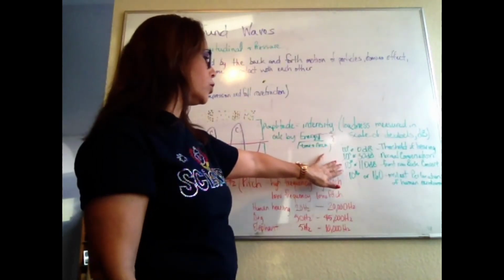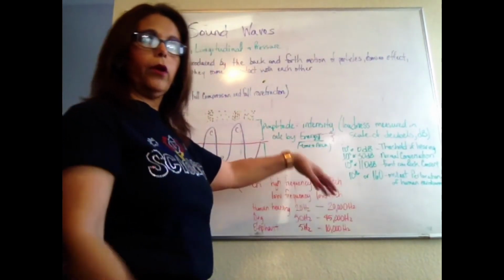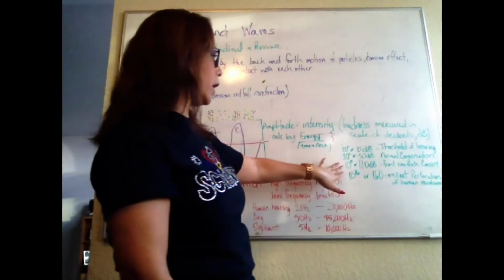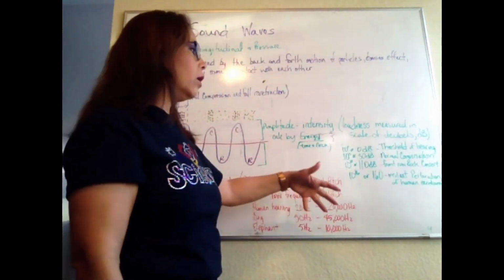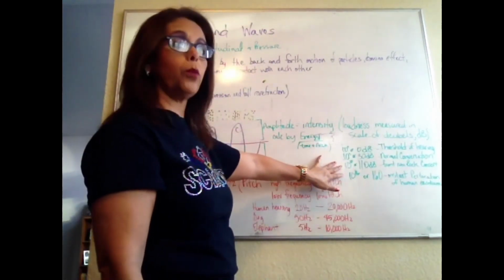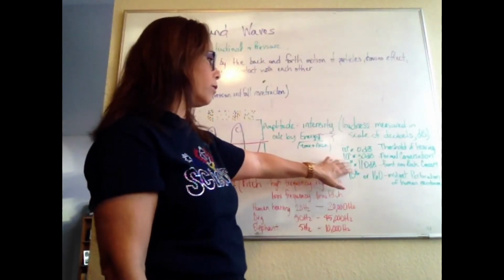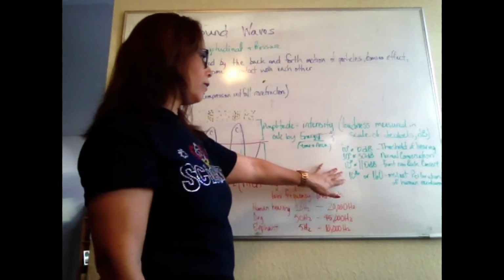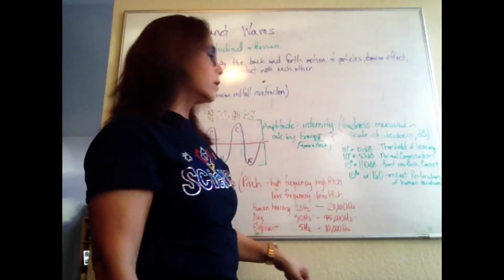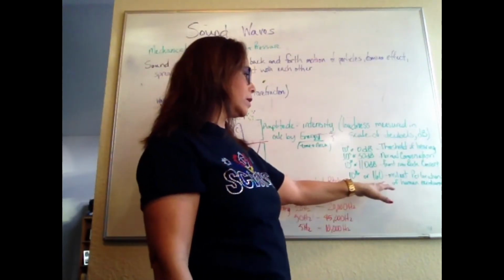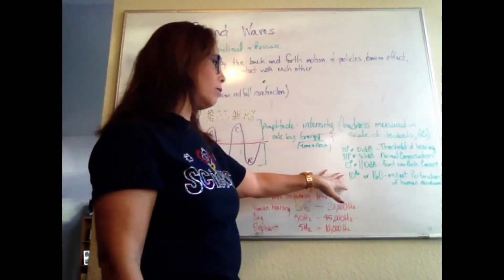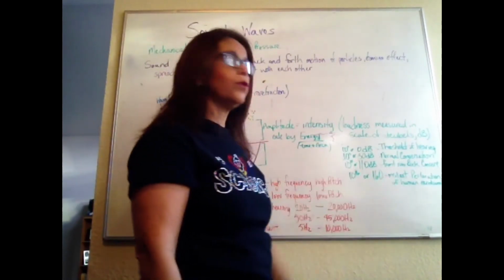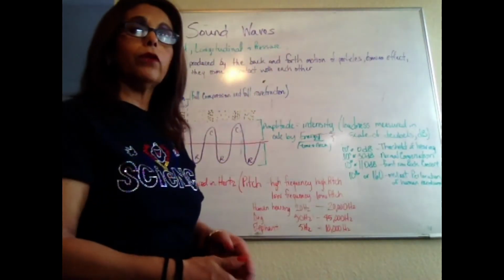Up in the higher ranges, like if you go to a rock concert and your ears eventually start hurting, that's because you're getting to the higher range that really will start causing us problems, which is 10 to the 11th power, or 110 decibels. And then we have 10 to the 16th power, or 160 decibels, which gives you instant perforation of the human eardrum.